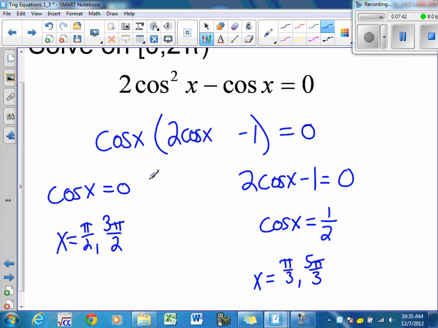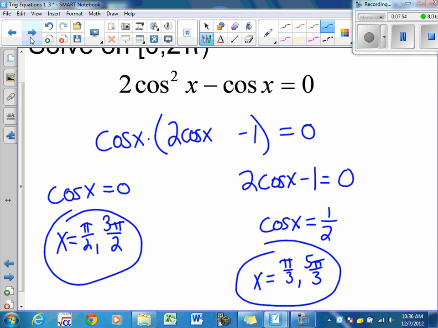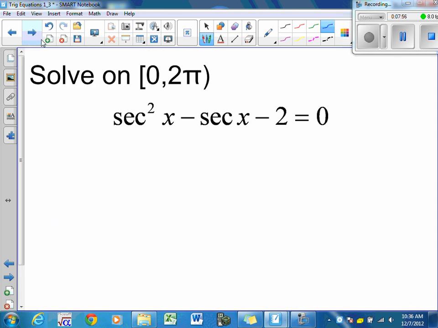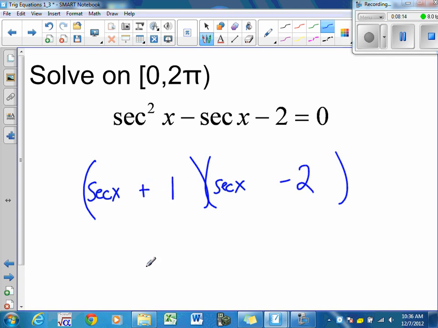So you have to factor and split it up, set equal to 0 because of the zero product property, just like we solve all the others. We factor, and then solve each of them separately. And then each part has its own answers. Here, same thing. We've got to factor. But now this is going to be secant of x, secant of x. 2 numbers that multiply to give you -2, add to give you -1.